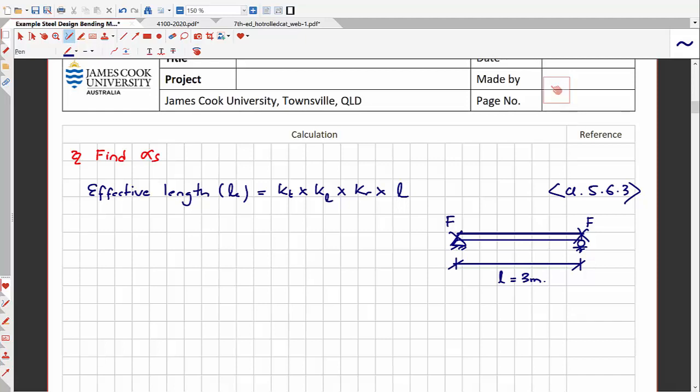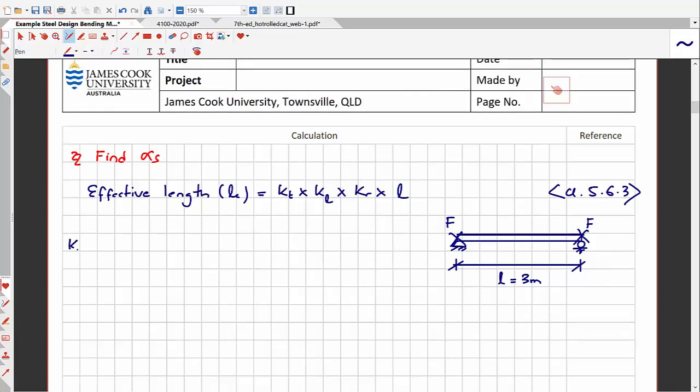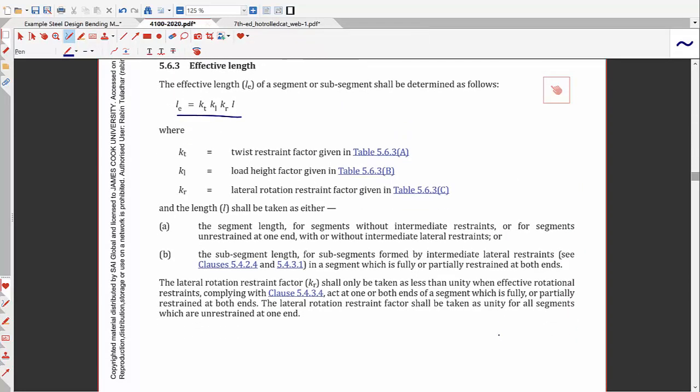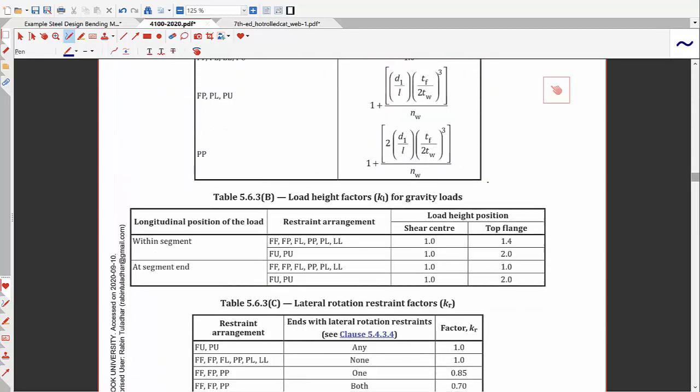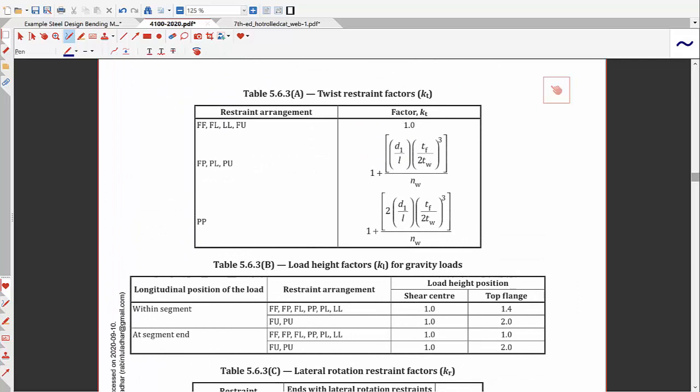Now, to find the KT and KL factors, we have to look into AS4100. KT is the twist restraint factor, given in table 5.6.3a. So let's have a look at it. For the KT factor, we'll look at table 5.6.3a.